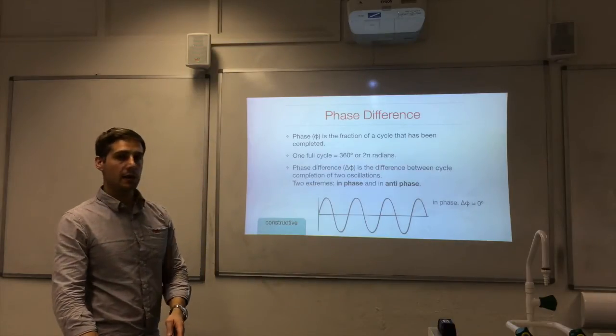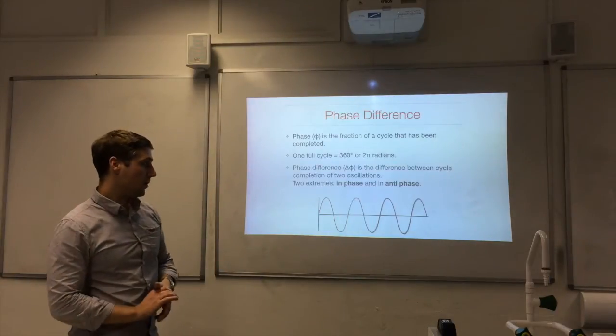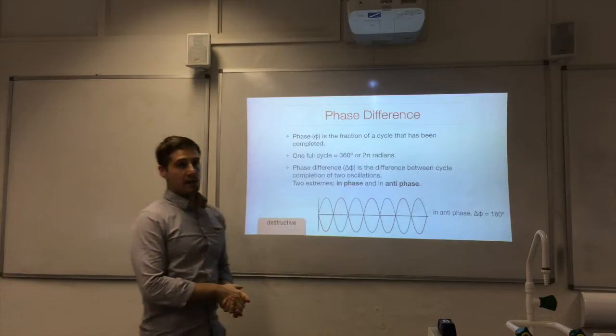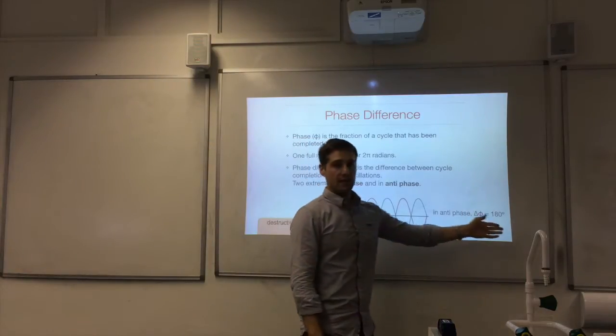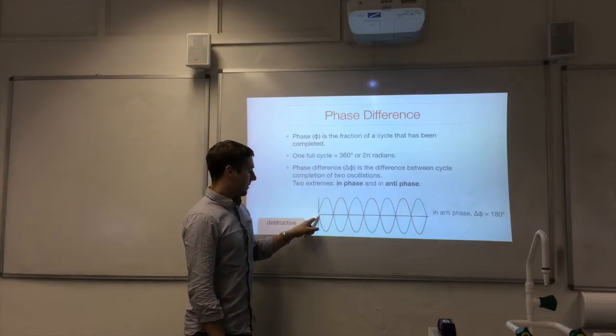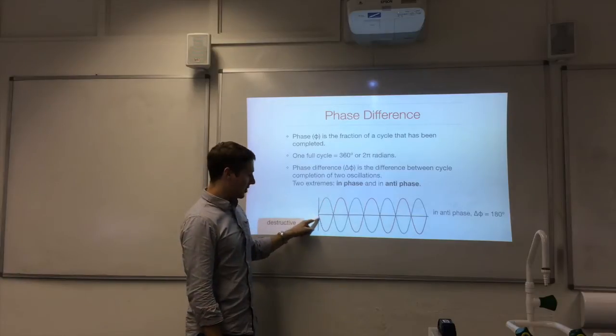Now let's consider another situation where our waves are no longer in phase, but in anti-phase. So delta phi here is 180 degrees. The green wave is going straight into a peak, whereas the red wave is going straight into a trough.